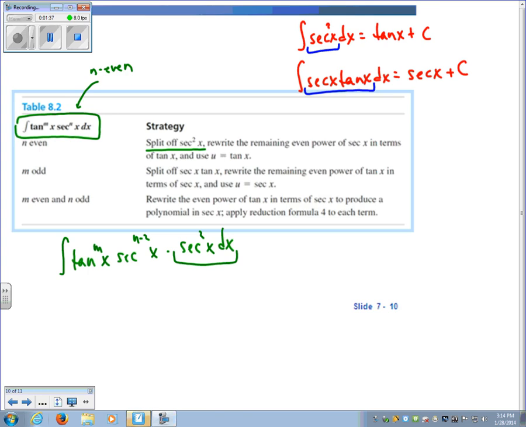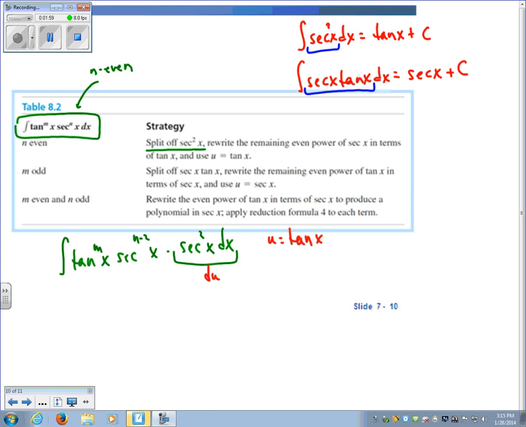Now if that is a du, we're going to think of this as doing a u substitution again, just like we did when we had products of sines and cosines. If that were your du, what would your u need to be? Well, we know that if the derivative is secant squared, then our u needed to be tangent.